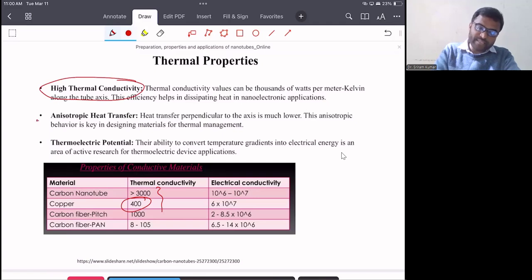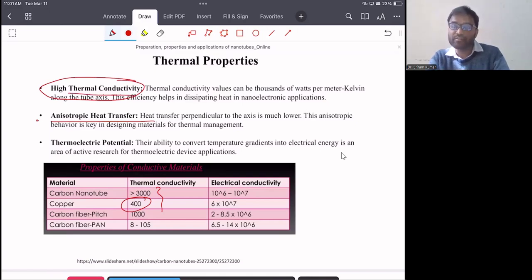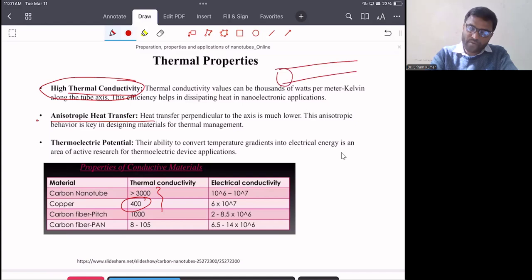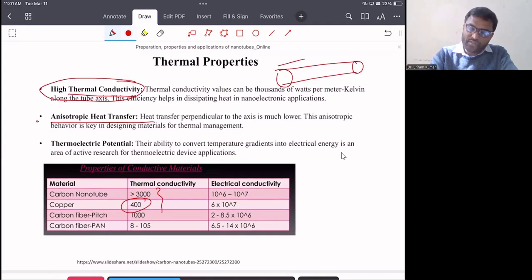And if you understand anisotropic heat transfer, let me explain one important key point here as well. Here the thermal conductivity is very high along the axis of the CNT. So you have a CNT and this axis is in this direction, right? So here the thermal conductivity is very high along this axis.